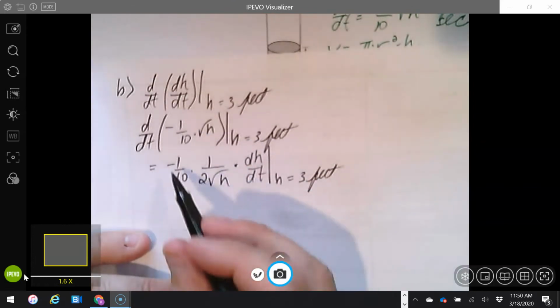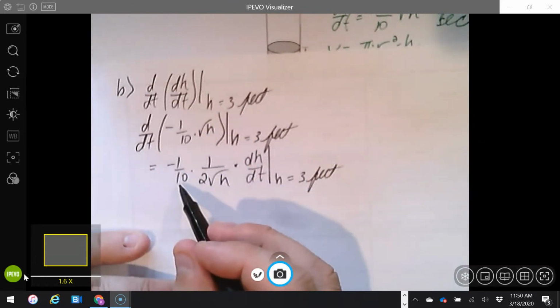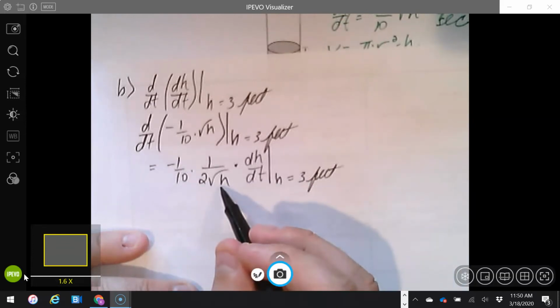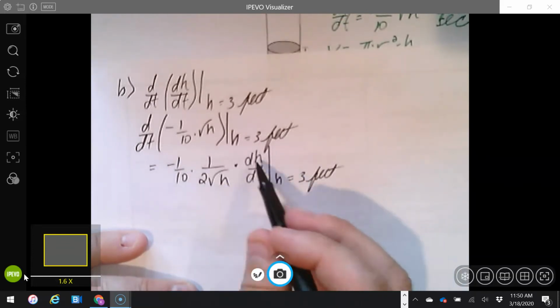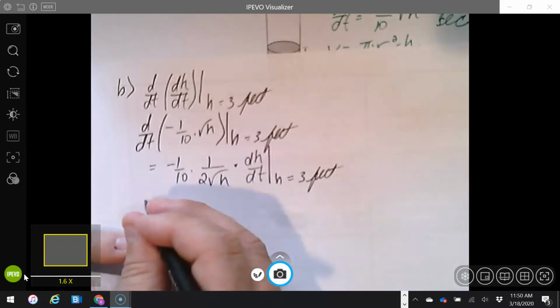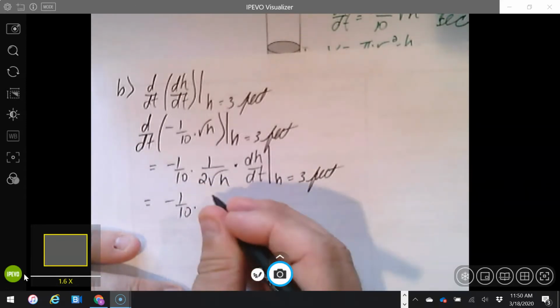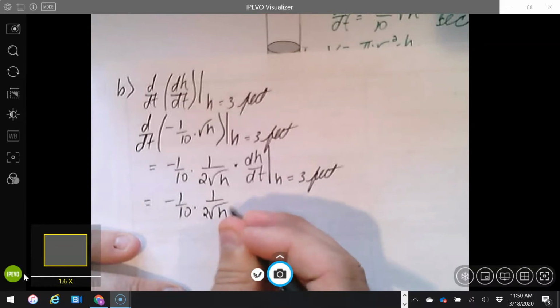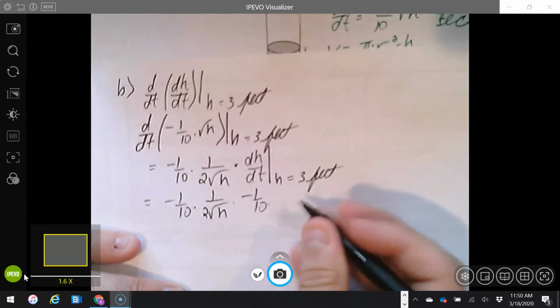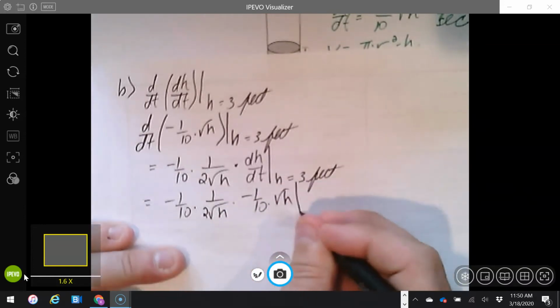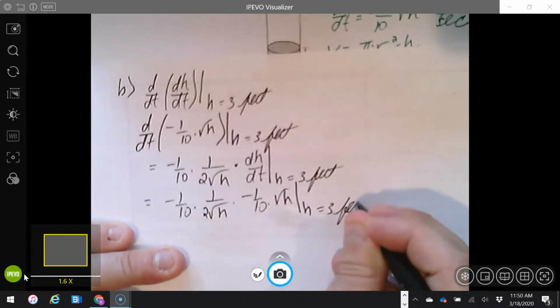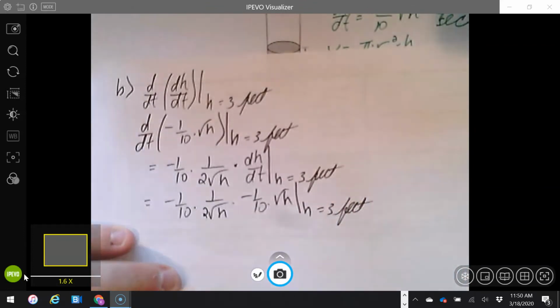Okay, well, negative 1 over 10, not a big deal. h equals 3, I could plug in 3, fine. But what's dh/dt? dh/dt, remember, is that expression that we saw before. It's the negative 1 over 10 times the square root of h. And we're going to evaluate this whole thing at 3 feet.